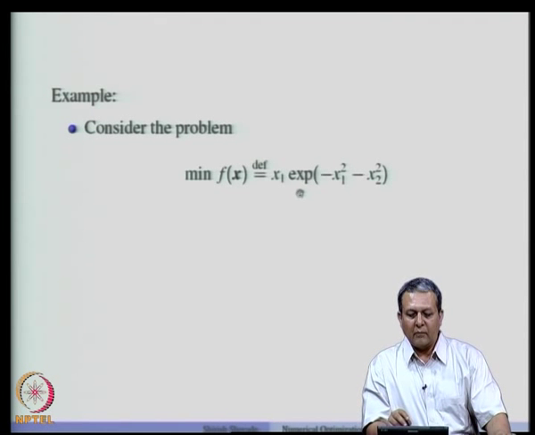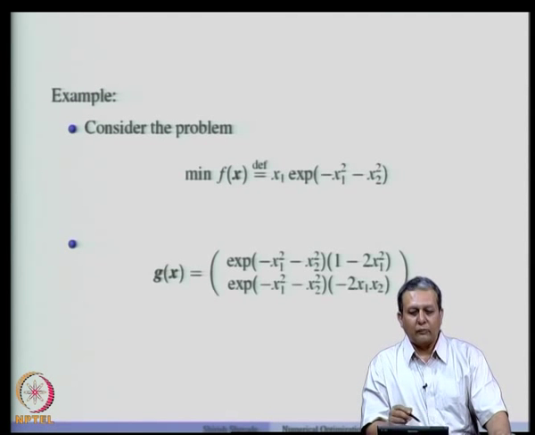So, let us consider an example. Consider the problem to minimize x1 into e to the power minus x1 square minus x2 square. We have seen the contour plot as well as the surface plots of this function earlier. Now, let us write down the gradient vector of this function, and that expression is given here.